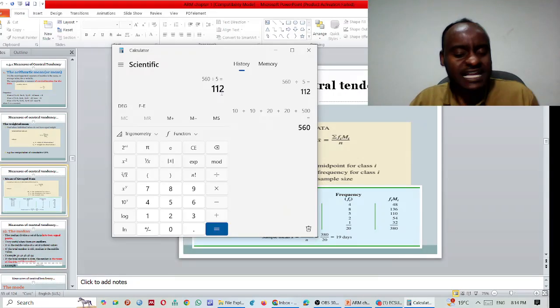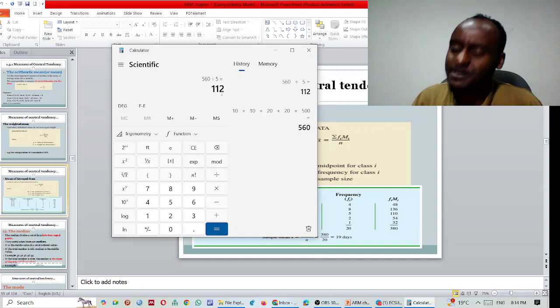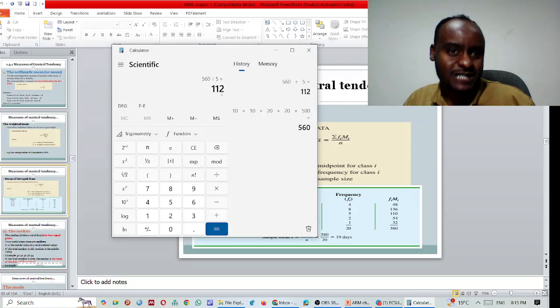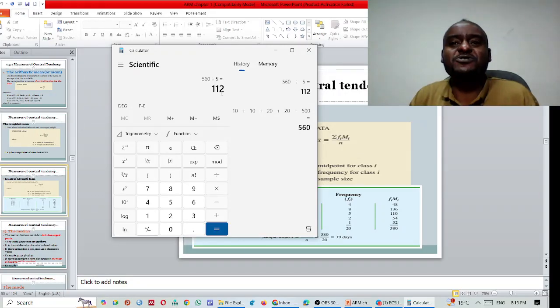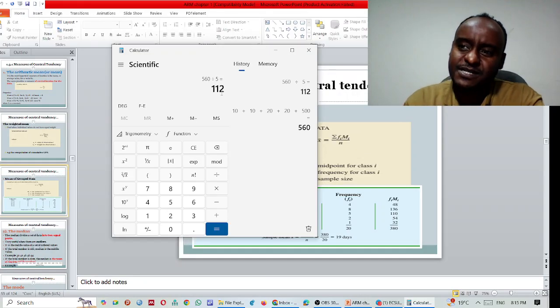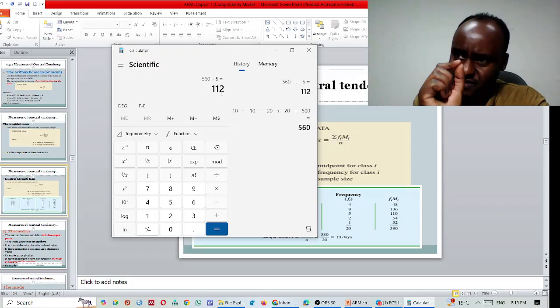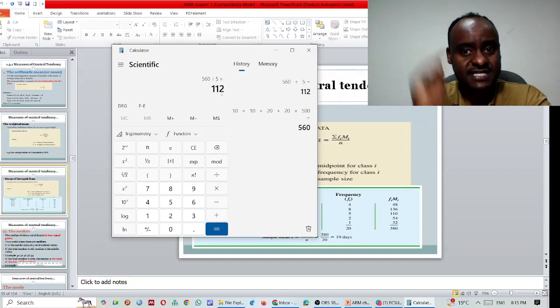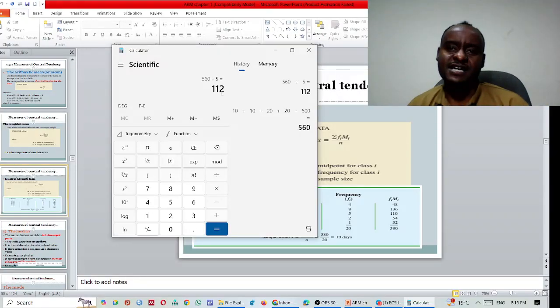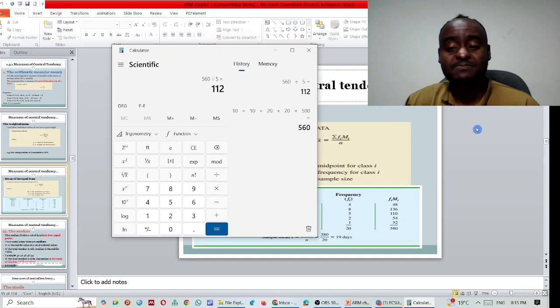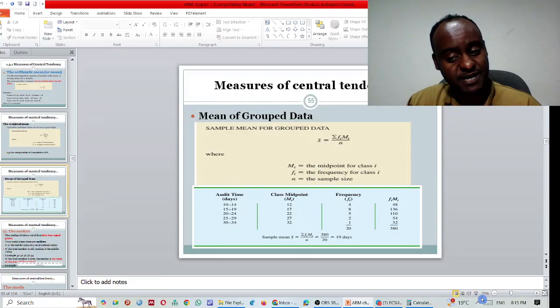That means, on average, those households get $112 per day, let's say. But only one person gets 500, and this person pulled the mean to 112, while the majority of my people are getting 10 and 20. You see the effect of the outlier. 500 is very far from the others, and this pulled the mean and misled the decision maker.